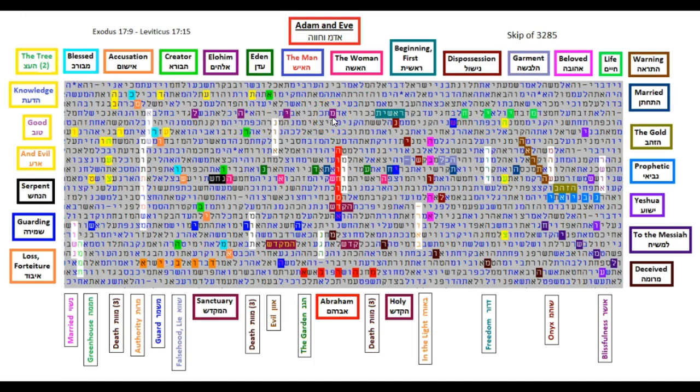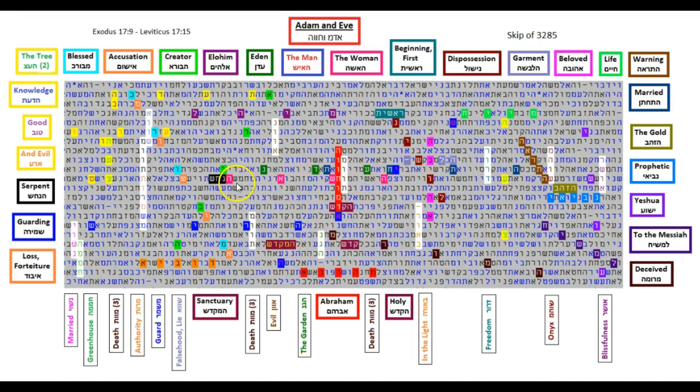Adam and Eve were the first, or the beginning of mankind, and that's Rashit. They were the first people, so we have the first man, and man is in this blue with the pink, Ha'aish, and it crosses and shares the Aleph in Adam, so the man.